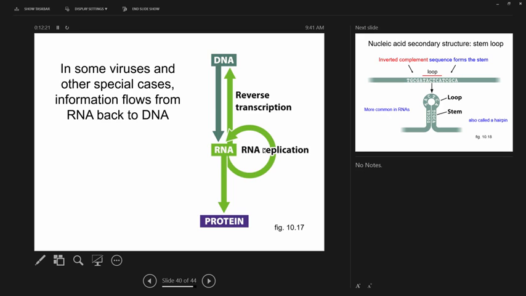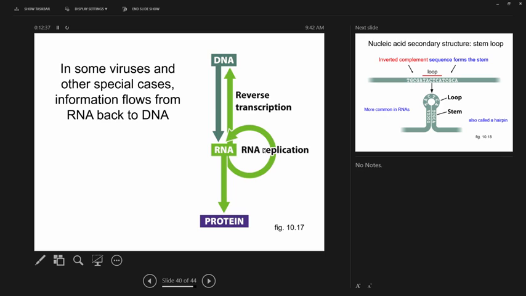So even in that case, you're never going to get simultaneous transcription because the two genes are never going to be temporally coincident, so at the same time.